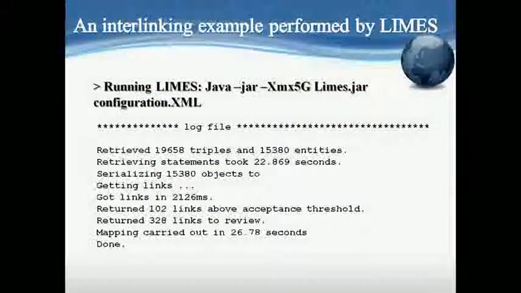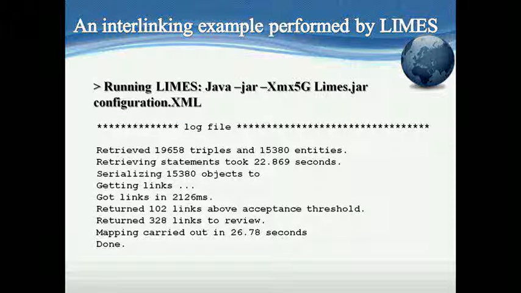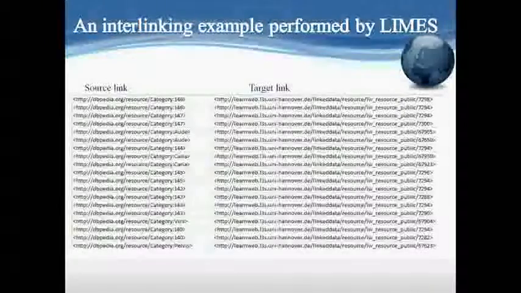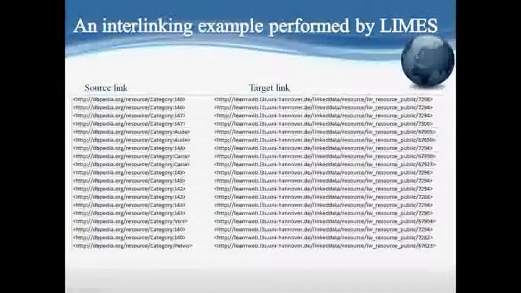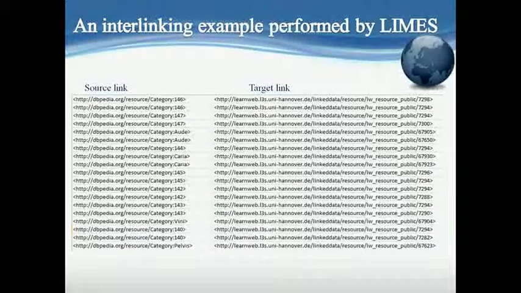And after running the interlinking tool, LIMES, with some job commands, you will have the results in a log file, and you can get the results in two columns, the source link and the target links, and you can compare the results and evaluate them one by one.